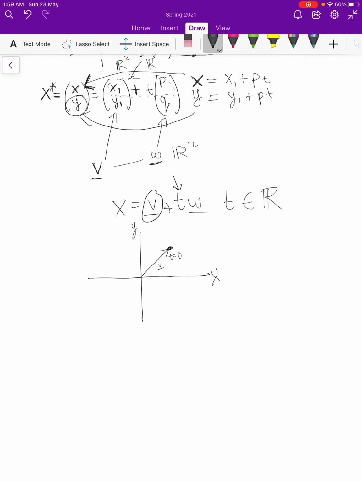Now what w does, it gives us direction. So say our w is something like this. Now we know to add these two vectors, we can use the parallelogram law, or we can just use the tip to tail addition.